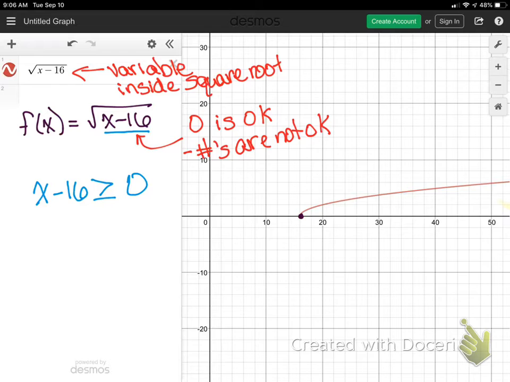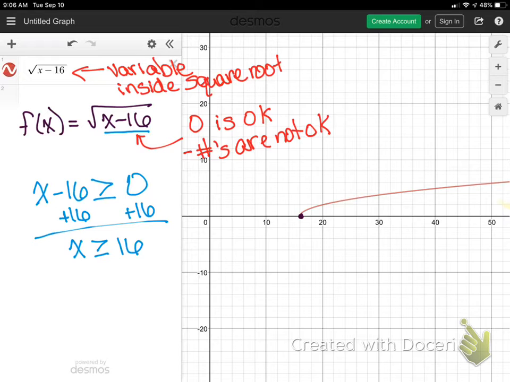So for this situation, I've got x minus 16 is greater than or equal to 0. I add 16 to both sides, and I get x is greater than or equal to 16. If I plug 16 into this function, 16 minus 16 is 0, the square root of 0 is 0, and that is completely okay. If I plugged 15 in, 15 minus 16 is -1, and that's not allowed.